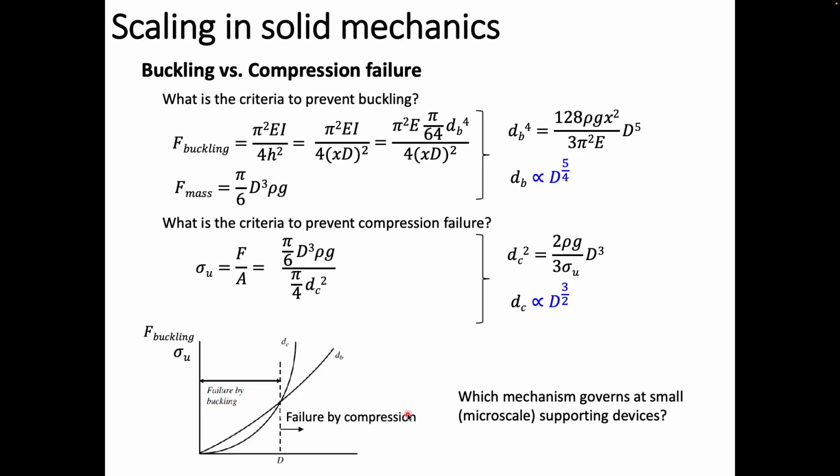Depending on which scale you are looking at, the focus of failure analysis is going to be very different. If you are dealing with structural material, like a bridge or building, nobody cares about buckling, because it will be driven by compression failure. But if you are dealing with microscale objects, they don't even look at compression failure. They look at just buckling.